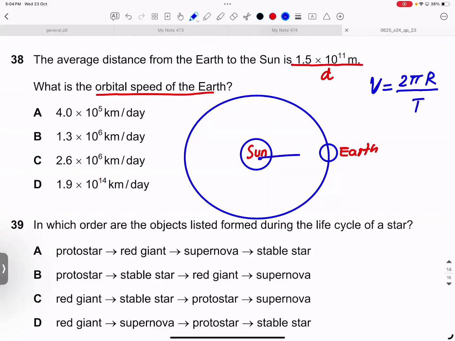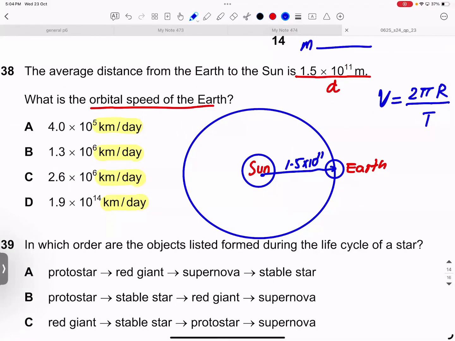Orbital radius is the average distance, which is 1.5 into 10 power 11. This question is a bit tricky since we need kilometers per day. So distance should not be in meters. Meters must be changed into kilometers. To change meter into kilometer, we divide by 1,000. When you divide by 1,000, this distance comes to be 1.5 into 10 power 8 kilometers.